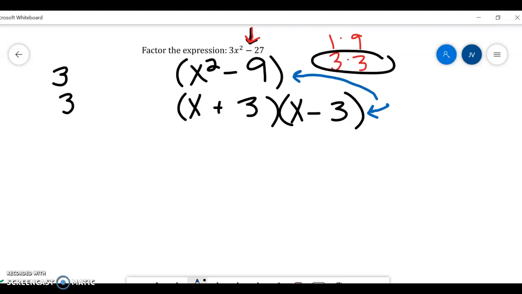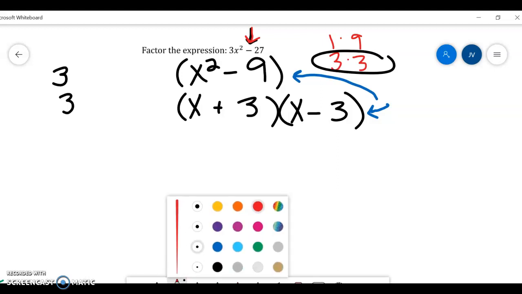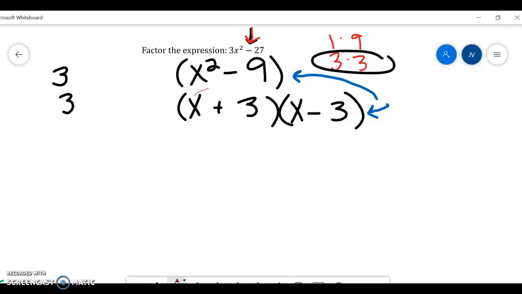Let's check ourselves. The way that we do that is by multiplying out. So we're going to do both of these times both of these. So what we usually do, there we go, x times x, x squared.